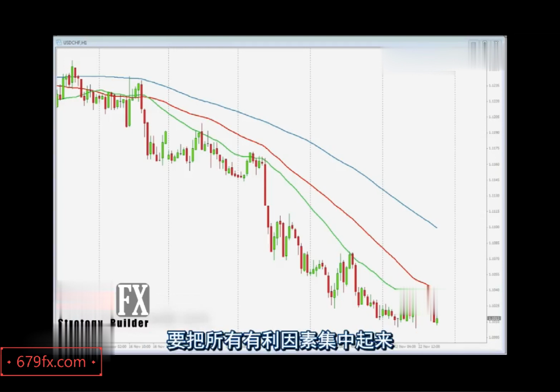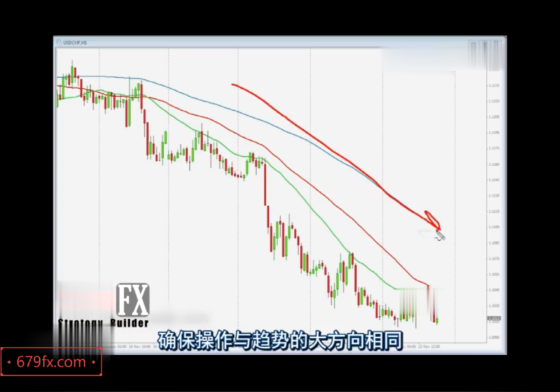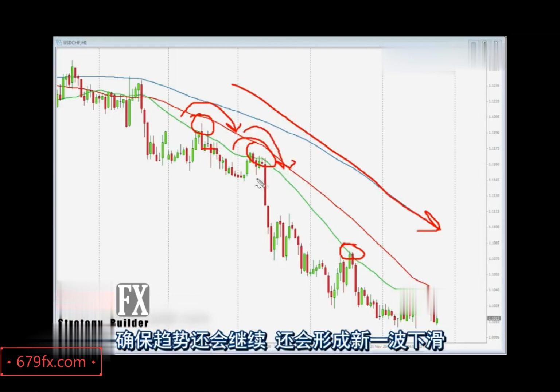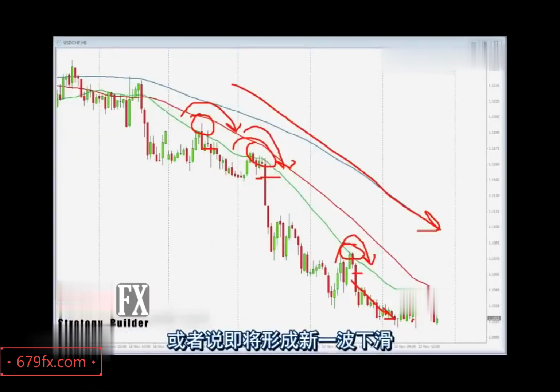Are you trading with the odds on your side? Are you trading in a trending scenario? Are you trading, moreover, in the direction of the trend? Are you trading at the optimum area of the chart? Are you waiting for the confirmation that the trend is indeed holding and a new swing may be about to be created?